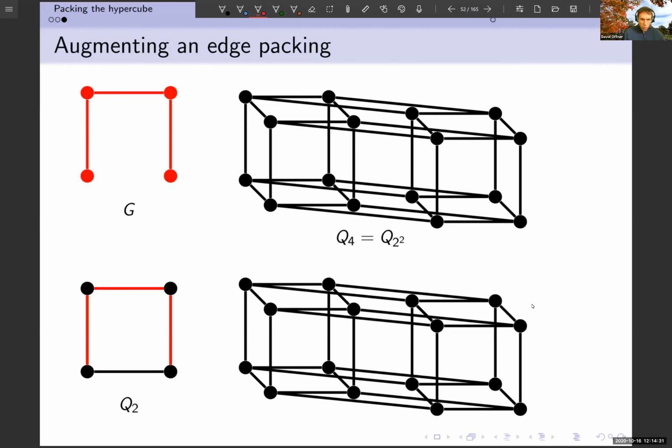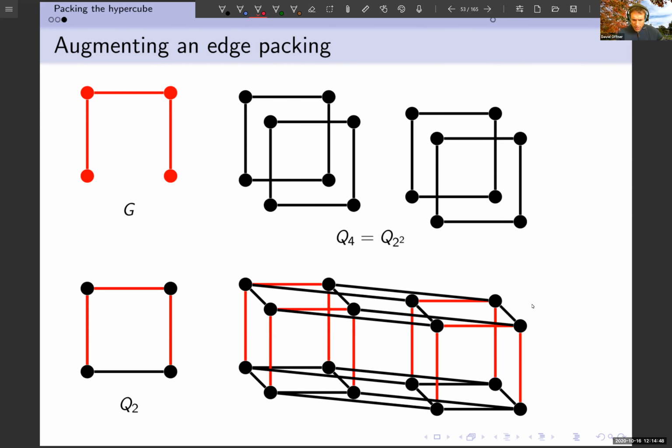Obviously, we can pack 1 copy of that into Q2 with edge density 3/4, right? Now if I want to think about Q4, I think about it as Q2 squared. I'll explain why I write Q2 squared instead of Q2 Cartesian Q2 in a moment.